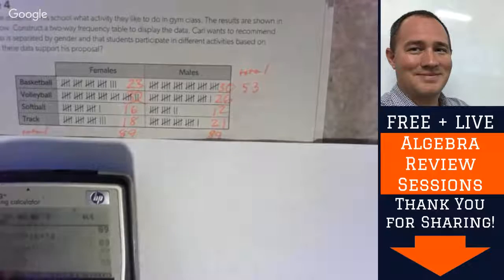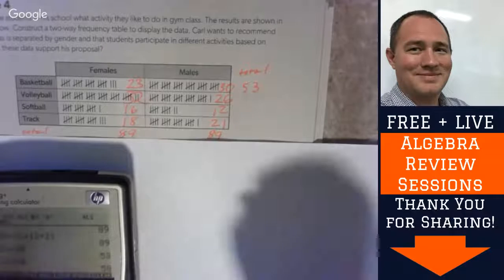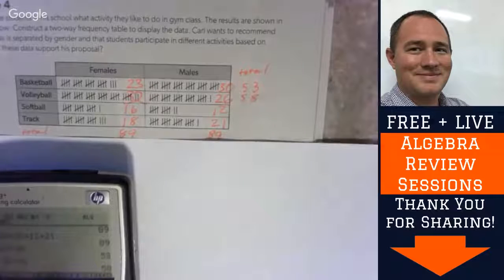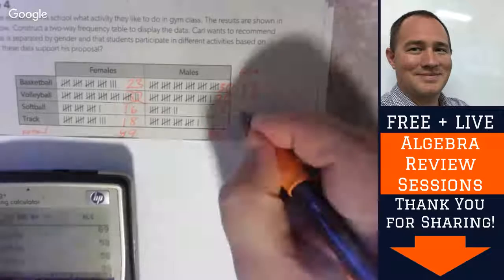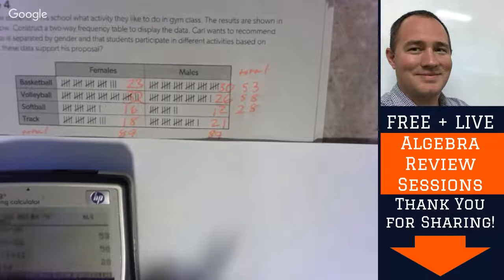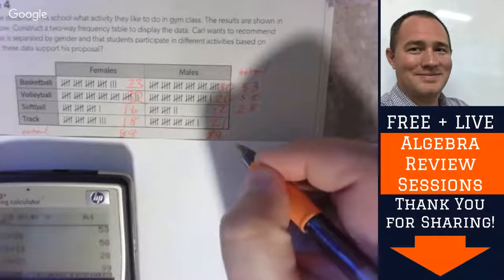Then 32 and 26 for males and females that like volleyball. 16 and 12: how many like softball? And 18 plus 21 is how many total people like track, which is 39.